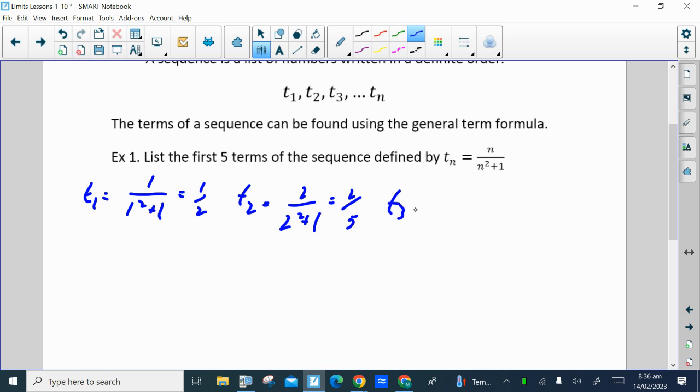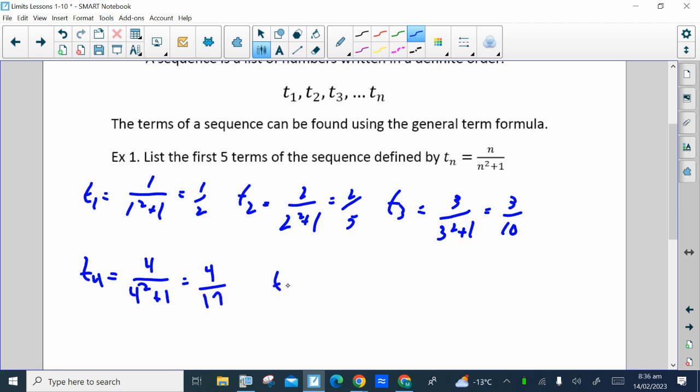Term 3 will be when n is 3. That'll be 3 over 10. Term 4 when n is 4. And term 5 when n is 5.